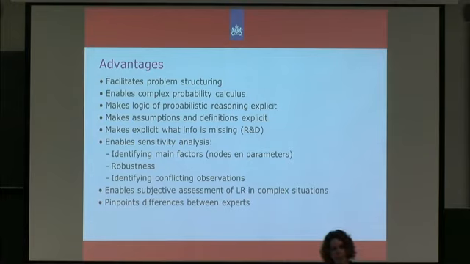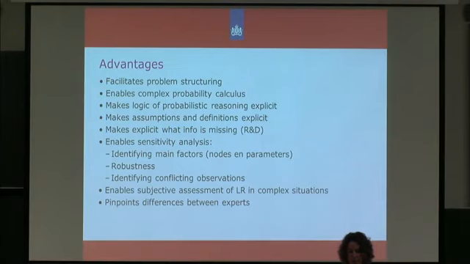It also makes the logic of probabilistic reasoning very explicit. And it makes the assumptions and definitions very explicit, so you're forced to make these very clear. It makes it explicit what is missing. You know, we have to calculate this probability and put it in a table, and we don't know what it is. You can do sensitivity analysis.